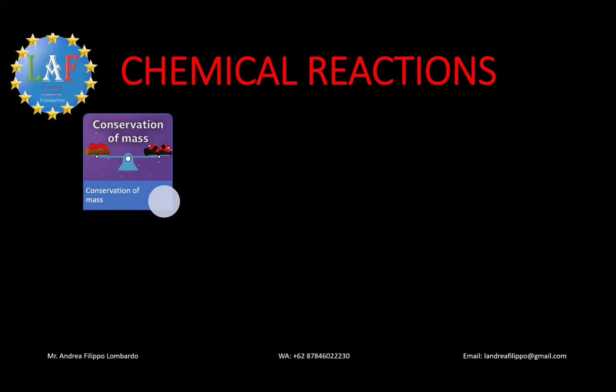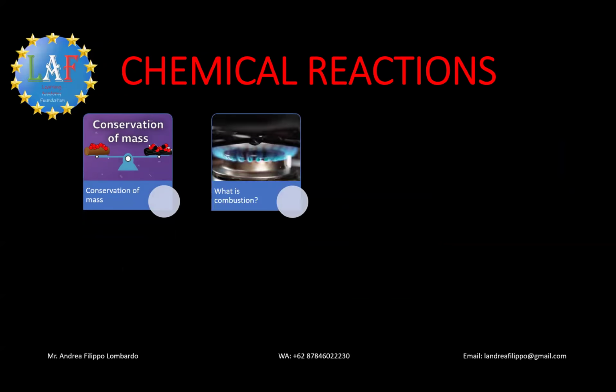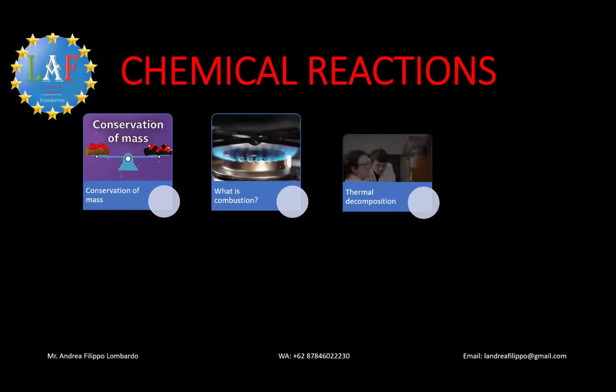Combustion is another name for burning. In a combustion reaction, fuel is burned and reacts with oxygen to release energy. Thermal means heat. Decomposing is the process of breaking down. So thermal decomposition is a chemical reaction that happens when a compound breaks down when heated.